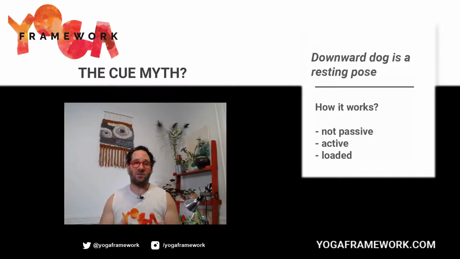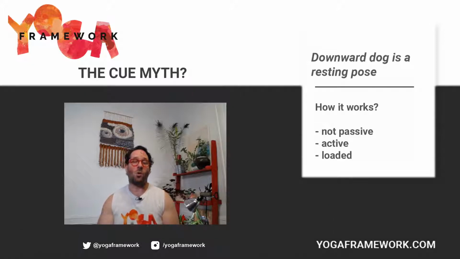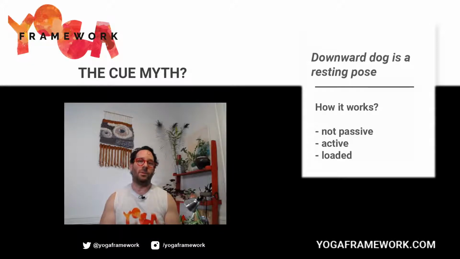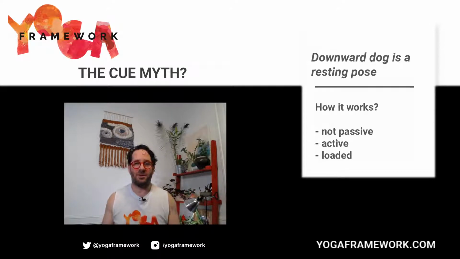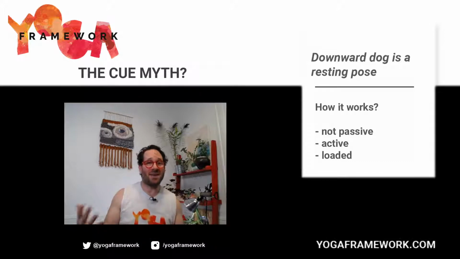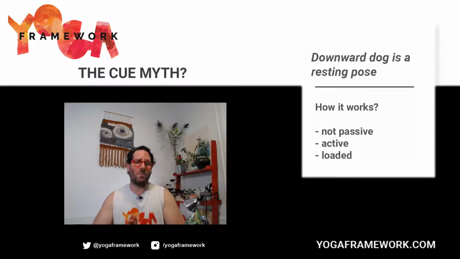But the whole passive part of it, the waiting, right? We're not really waiting in downward dog. We're loading, and we're active in that loading. Because if we were waiting, we would be able to stay there, right? We're not using a lot of effort. That's the passive, right? Think of passive stretching like passive income.